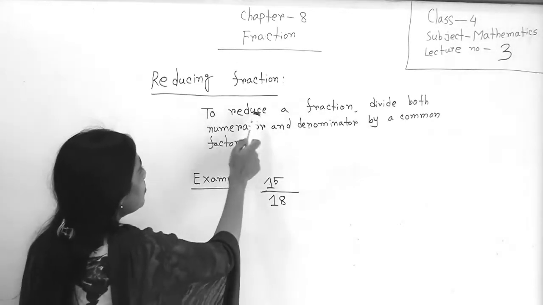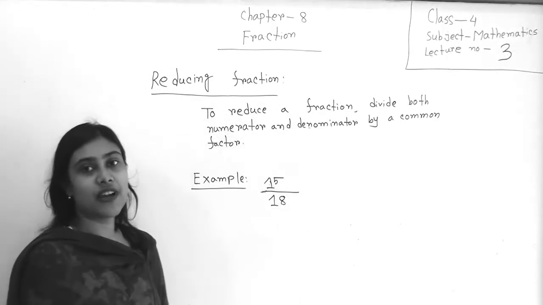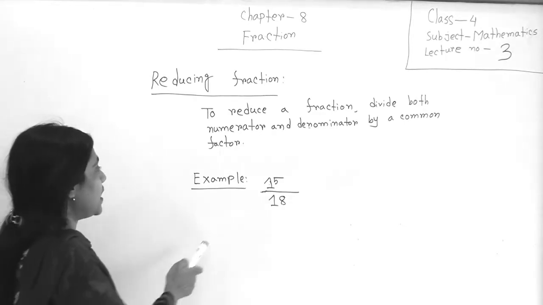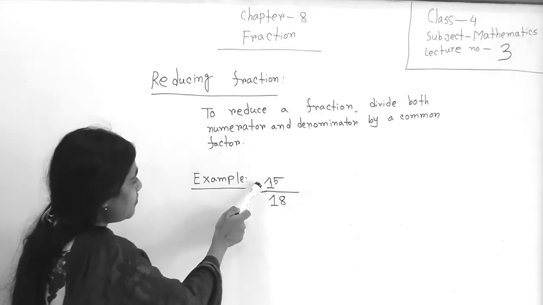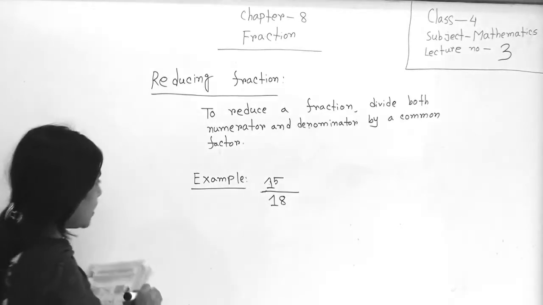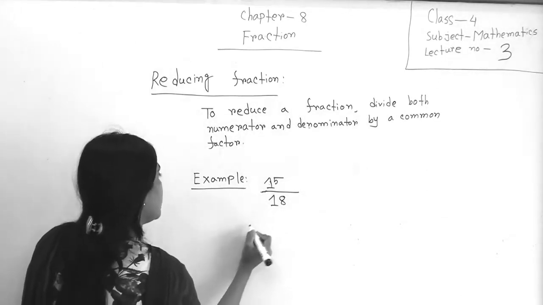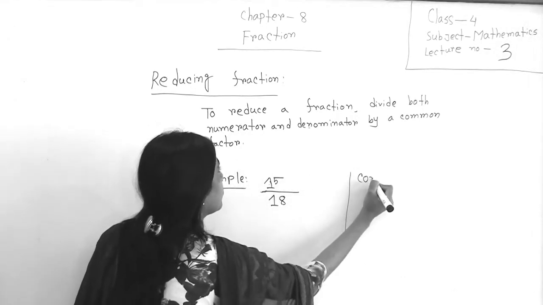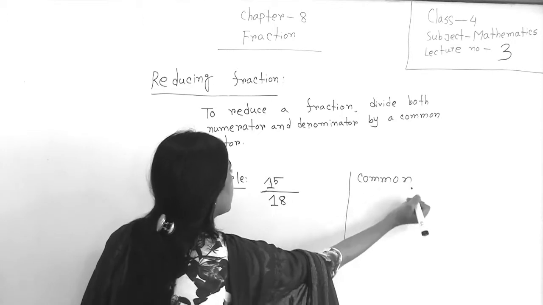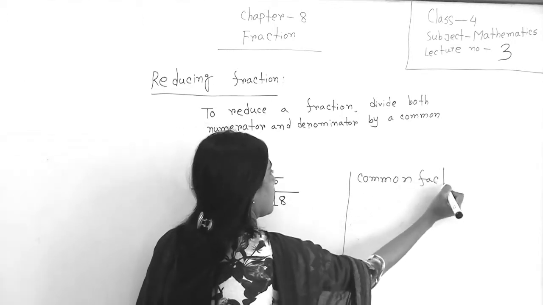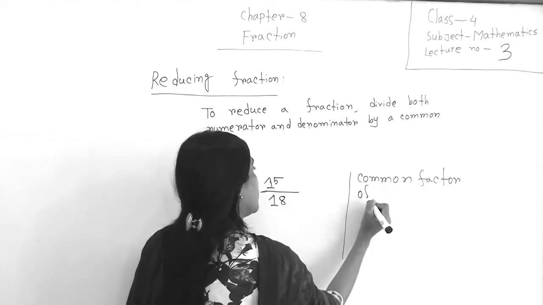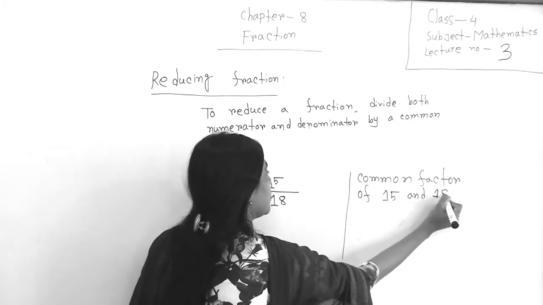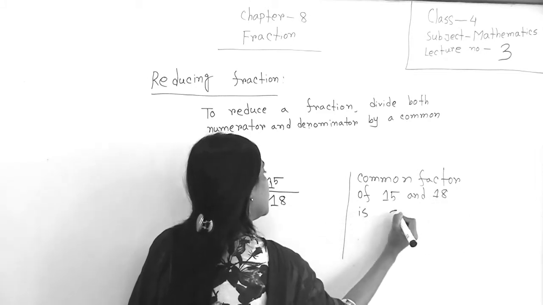Step 1, to reduce a fraction, divide both numerator and denominator by a common factor. Math is, for example, 15 divided by 18. In here, the common factor of 15 and 18 is 3.